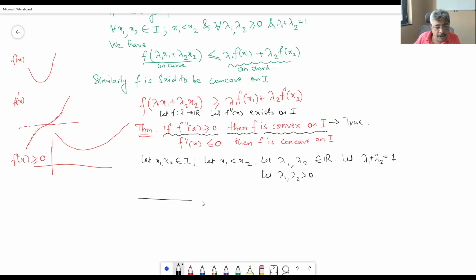So geometrically, if we have x1 here, x2 here, and x here, then we can say lambda 2 is to lambda 1.